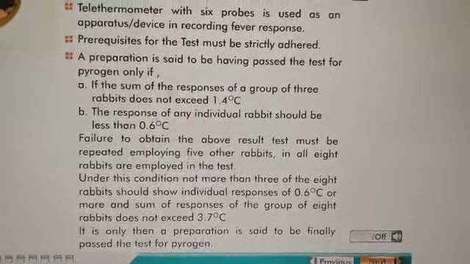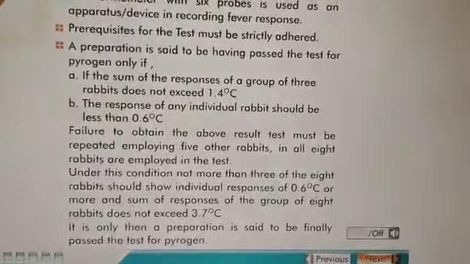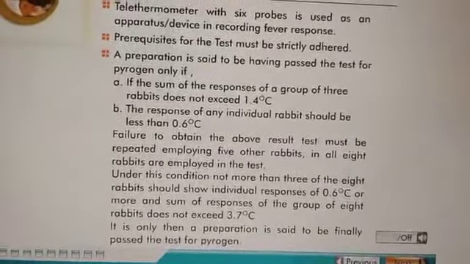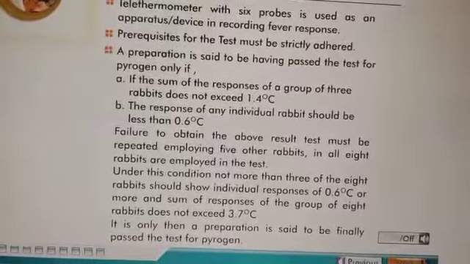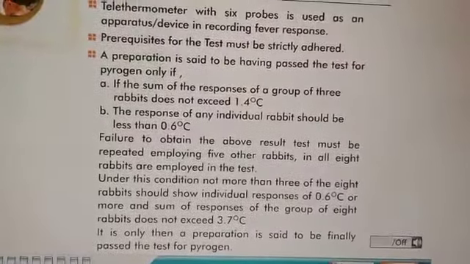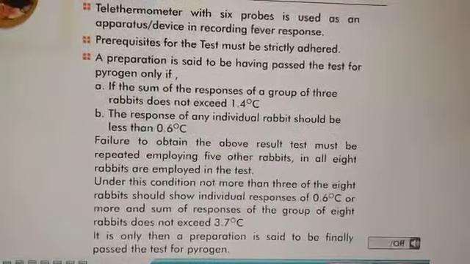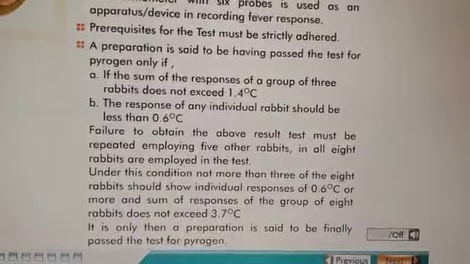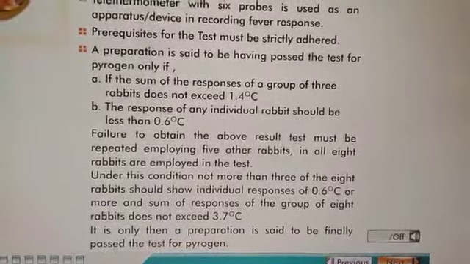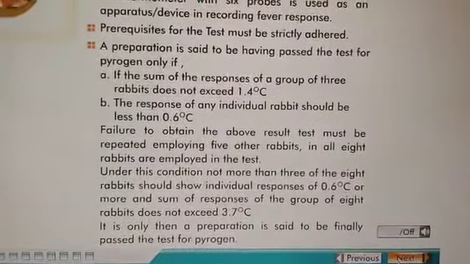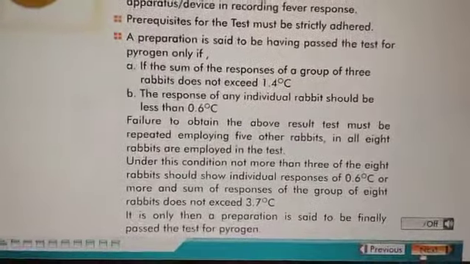A preparation is said to have passed the test for pyrogen only if the sum of responses of a group of 3 rabbits does not exceed 1.4 degrees Celsius and the response of any individual rabbit is less than 0.6 degrees Celsius. Failing to obtain this result, the test must be repeated employing 5 other rabbits.